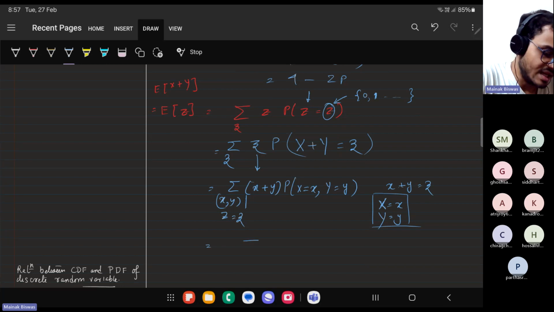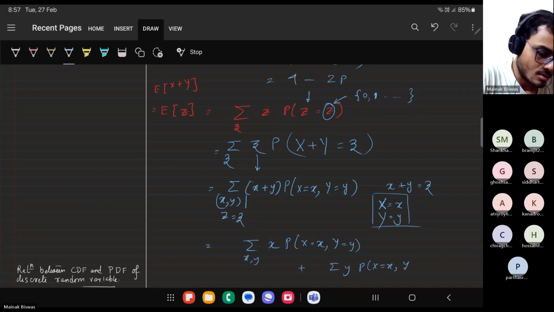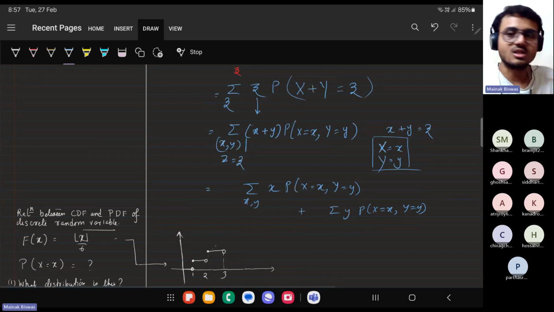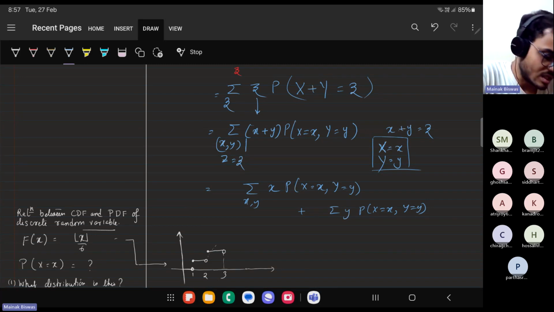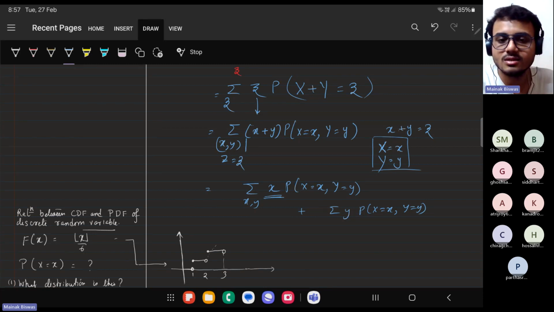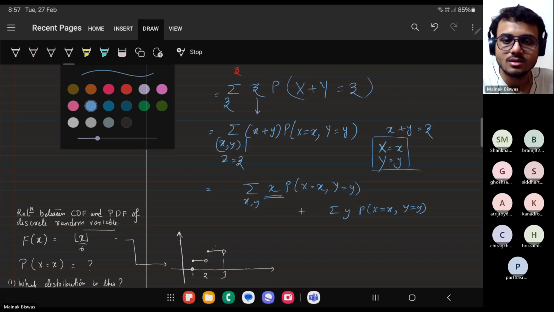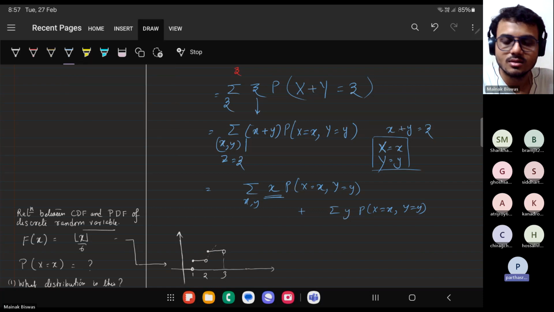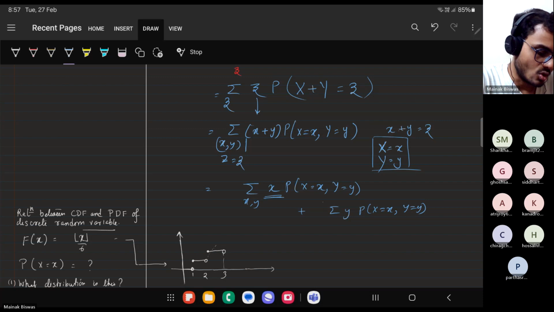So a sum is linear. What does this mean? So by the law of total probability, what will happen? Here, see, this is not dependent on Y. So what will happen to Y if I sum over all the y's? It will become 1. So Y will vanish, right?